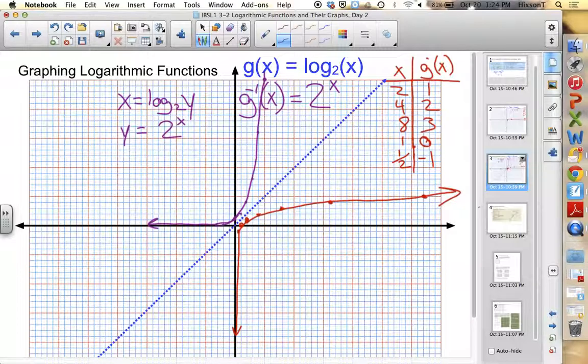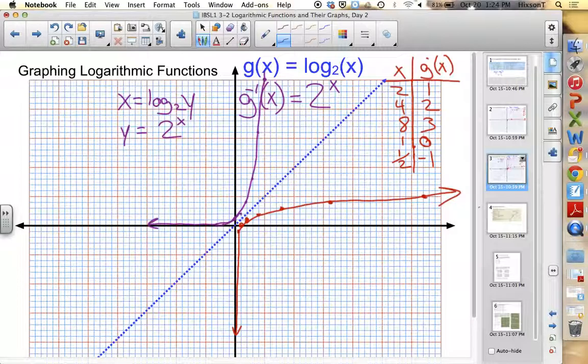So make sure you remember what we have done before. Relate our exponentials to our logarithms, and remember that for an inverse, they simply swap intervals. The domain of one function is the range of the other function.